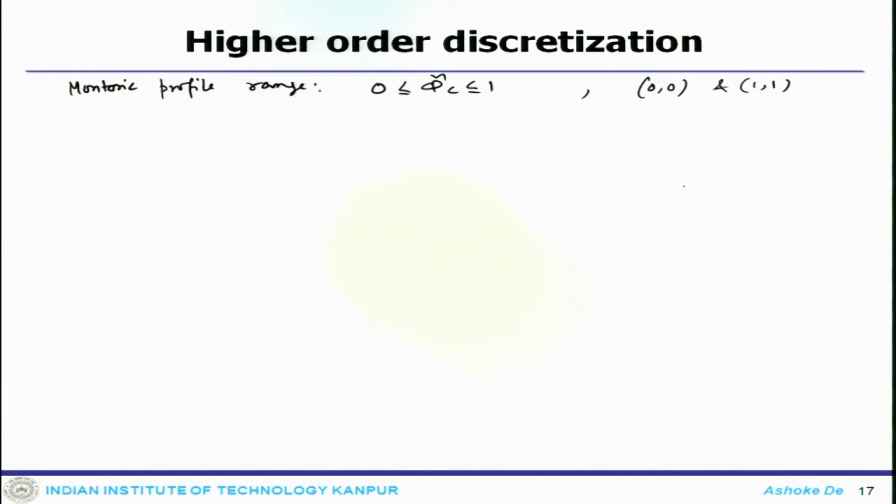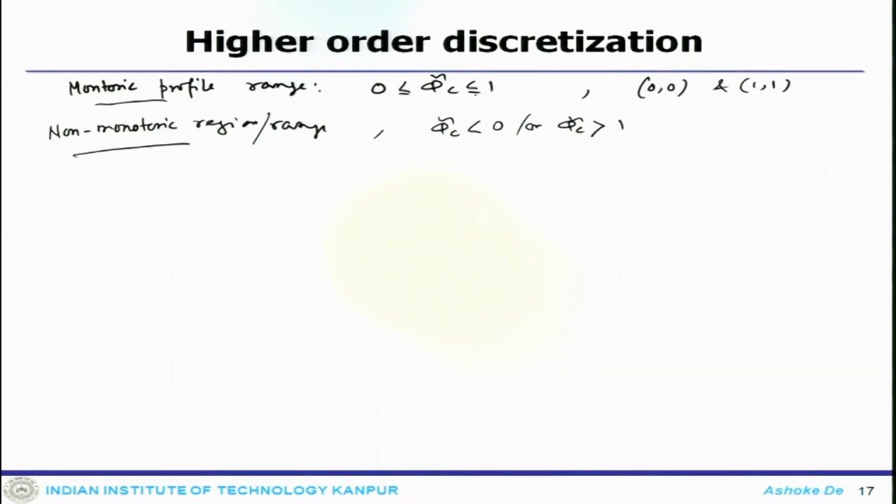On the other hand, the non-monotonic range would be phi c tilde less than 0 and/or phi c tilde greater than 1. So, this is the non-monotonic range and the monotonic range is 0 to 1. We have seen this in the normalized variable diagram, and in the monotonic range, any scheme needs to pass through these coordinates.